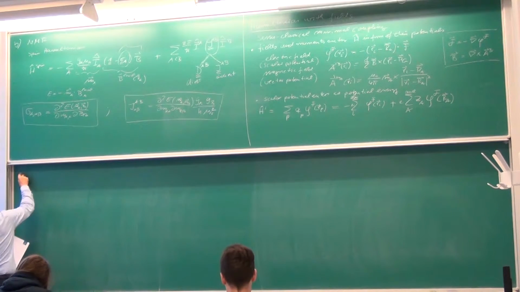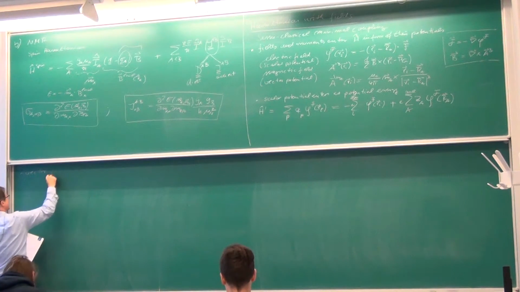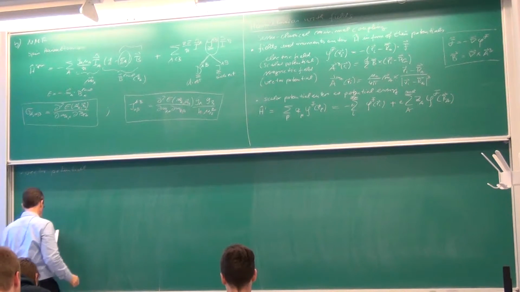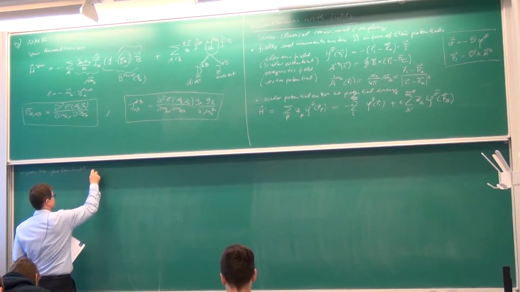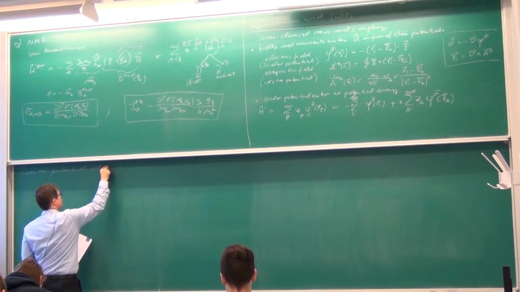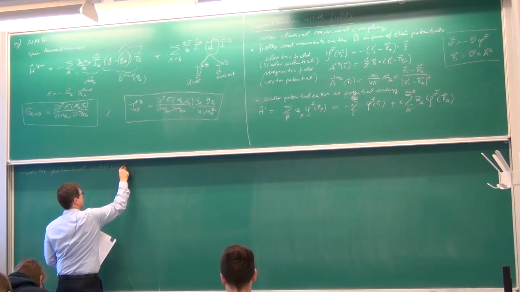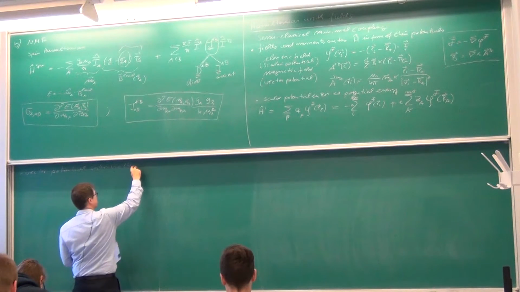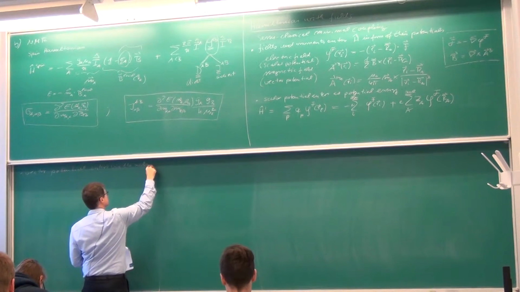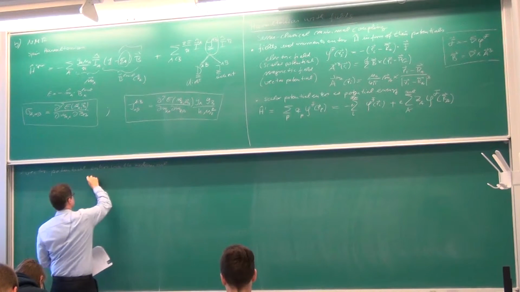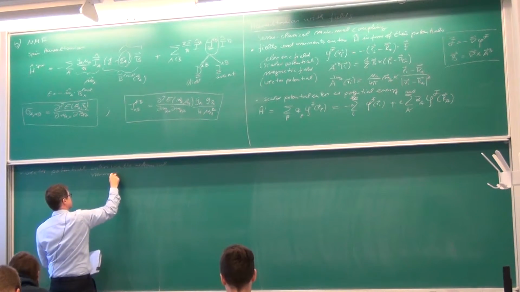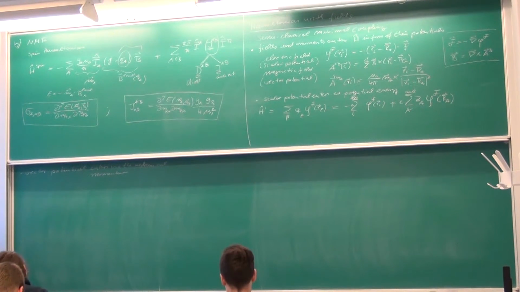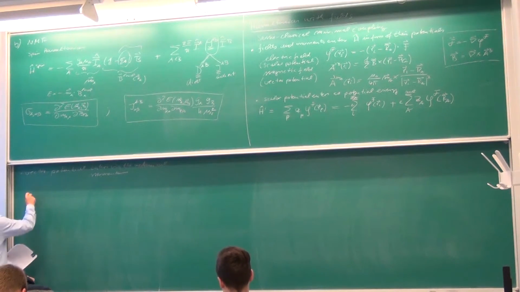So the vector potential enters the Hamiltonian via the canonical momentum, or not actually the canonical, but the mechanical momentum, of the electrons or the nuclei. But since we're using Born-Oppenheimer, most of the time for us it's only the electrons.